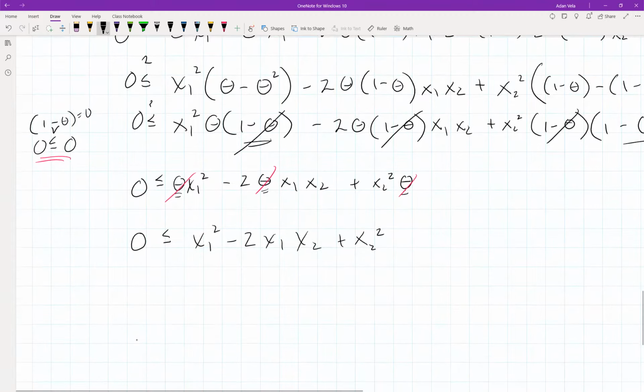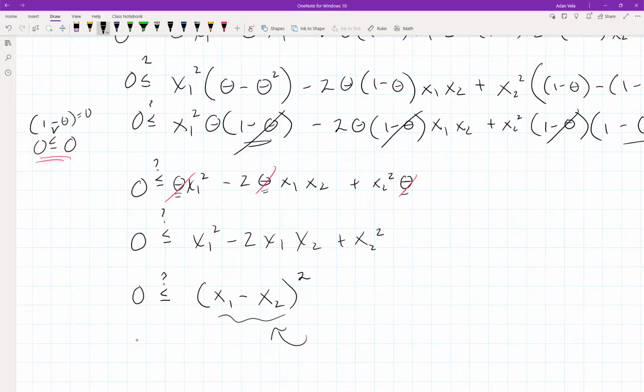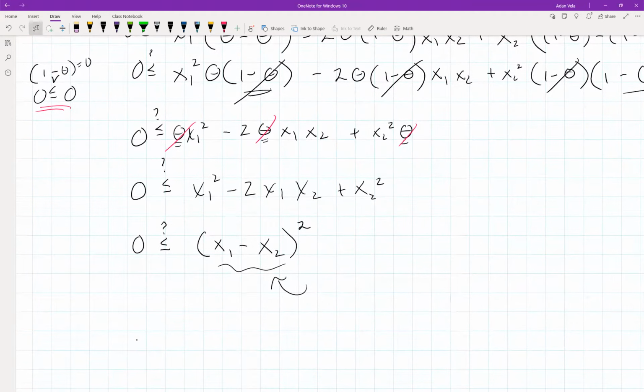Now this we can easily factor, right? So again, we still have this question mark. Is this in fact true? If we factor our equation, we get x1 minus x2 quantity squared. If you take the square of any number, it's always non-negative.